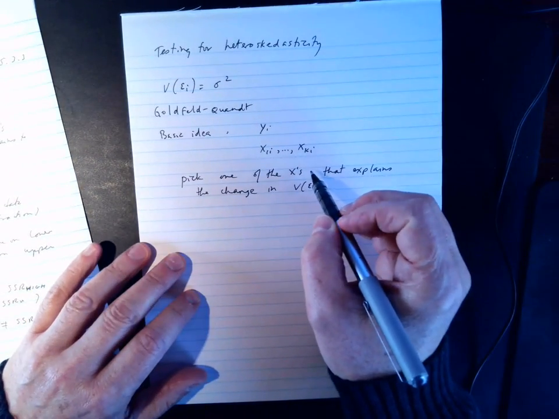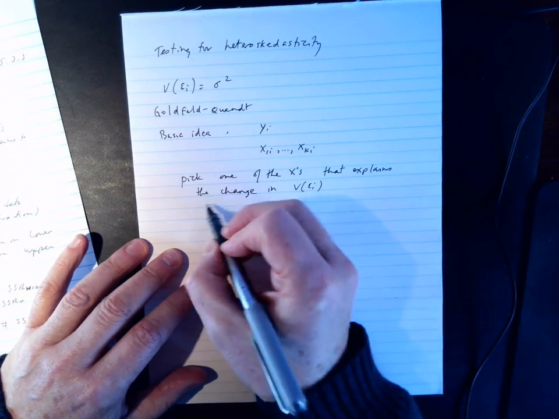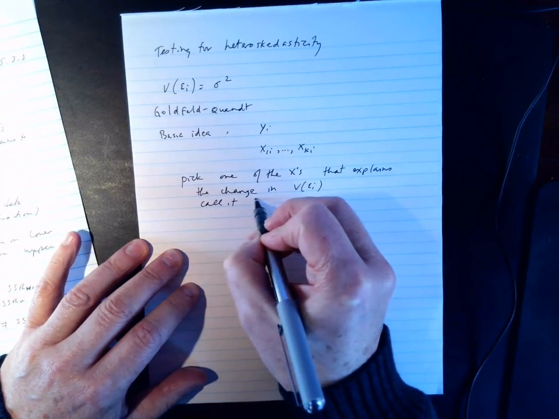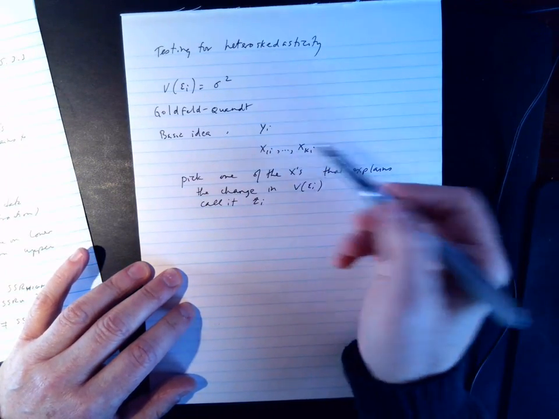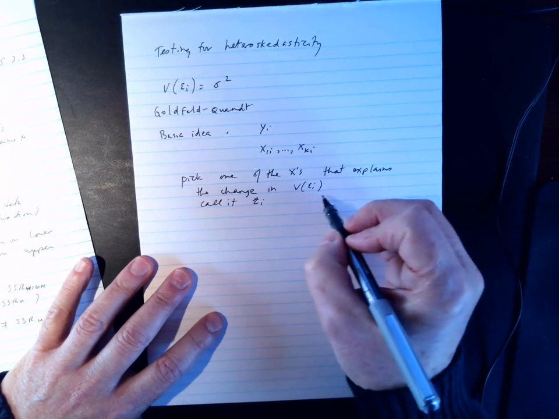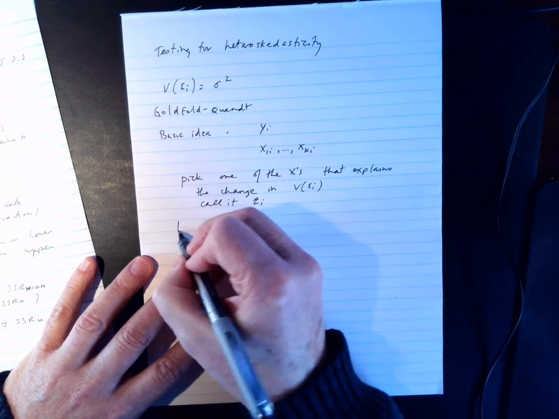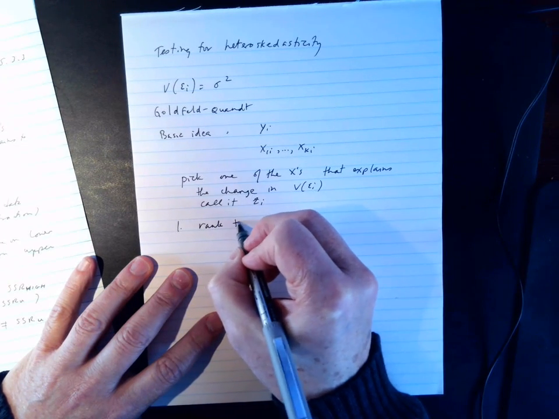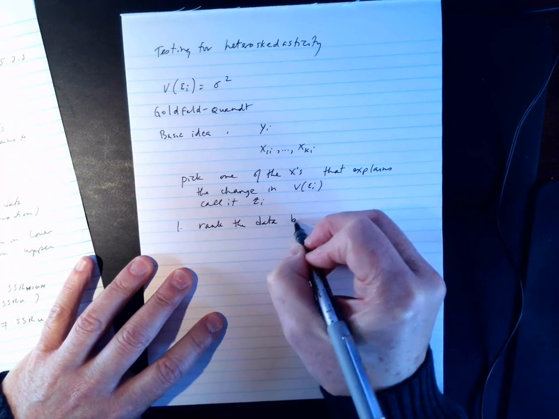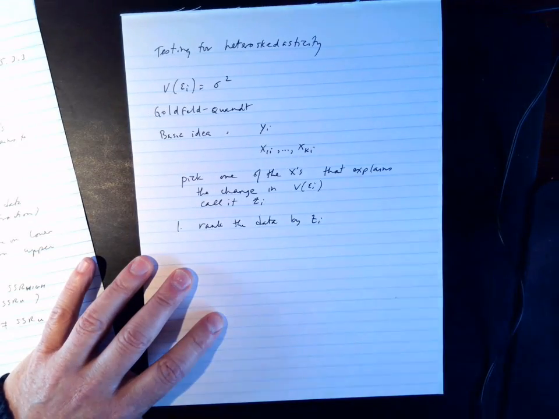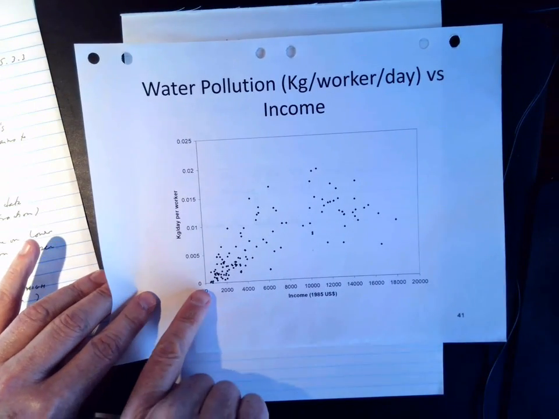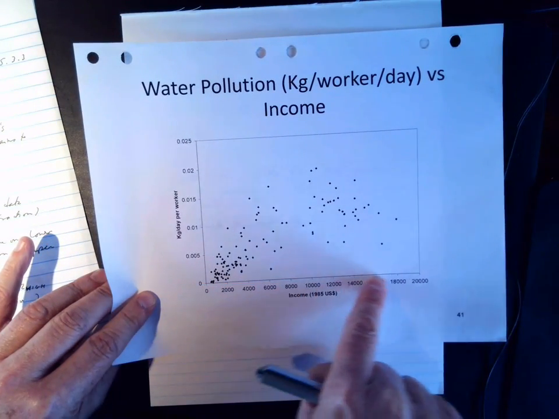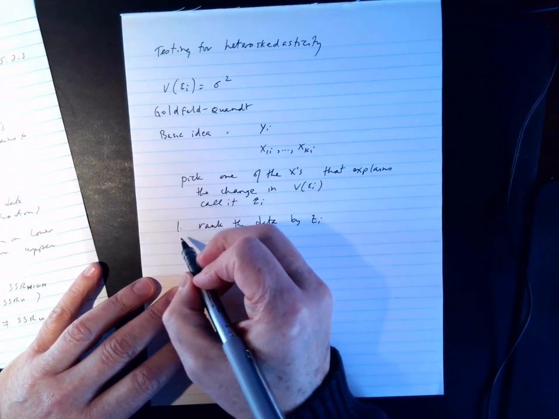So we'll assume that we've picked one of the x's, and we'll call it z. If it's x2, we'll say z equals x2. It just gives it another name. So the first step is rank the data by z. When you get a spreadsheet full of data, it could be in any order, but you're thinking of it so that it's ranked from low to high along the axis that we're interested in.